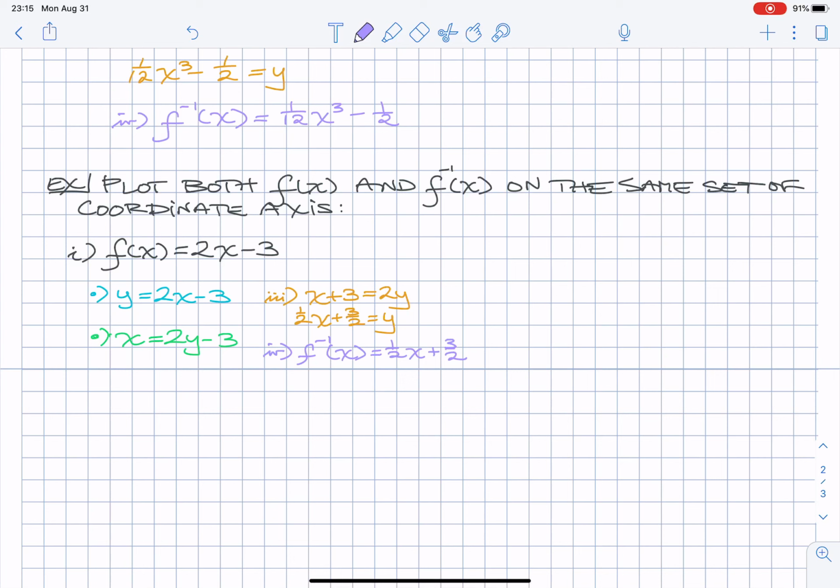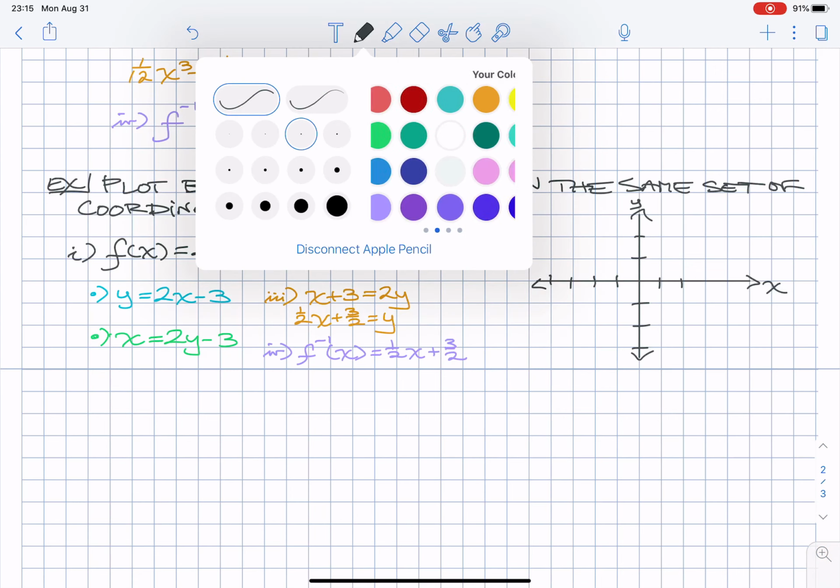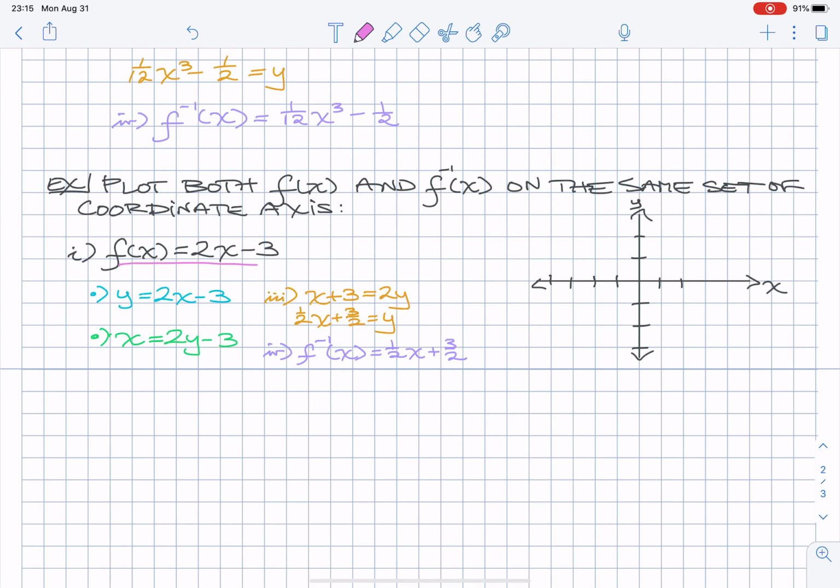Okay, so let's go ahead and plot these x and y coordinate axes. So x and y. Okay, so let's say the first f of x is 2x minus 3.